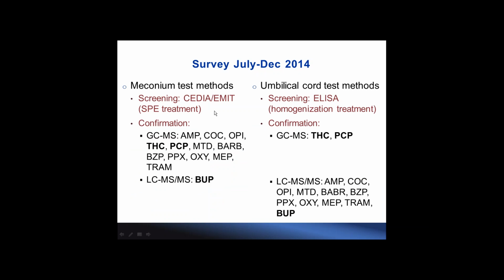For that reason, we set up the umbilical cord test methods by looking for the cutoffs in such a way that the positivity rates are comparable with one another. So you see that the screening methods are different between the two specimen types, and the way we confirm them is also quite different.